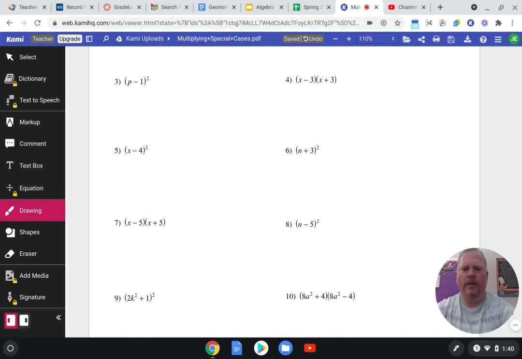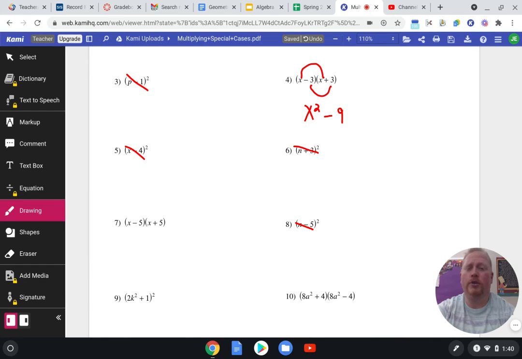Okay, so we've already done the ones that are trinomial squares, so we can go ahead and cross those off. We're not going to do those. But we are going to do the ones that are difference of squares, where it's the exact same thing, but one has a plus, one has a minus. So x minus 3 times x plus 3, that we can do. So I'll just do x times x and negative 3 times 3.